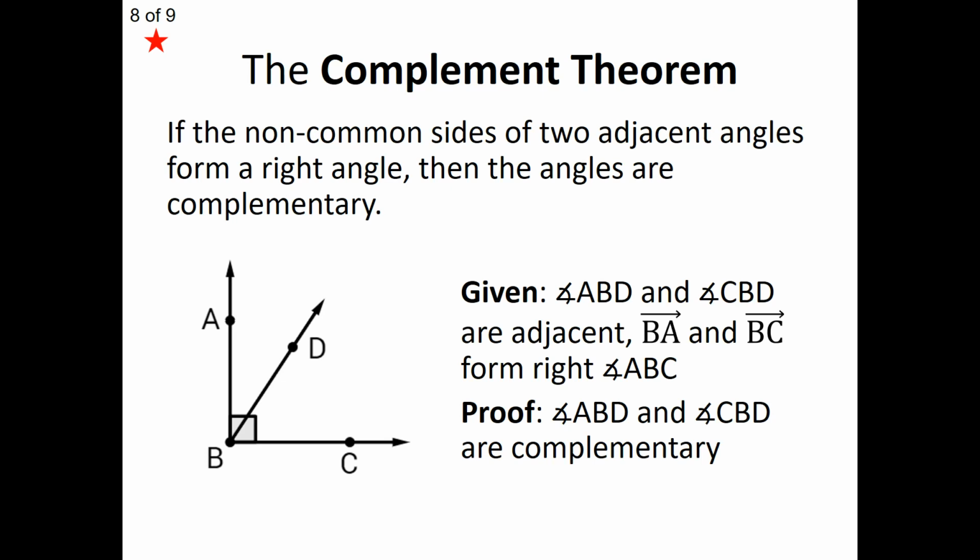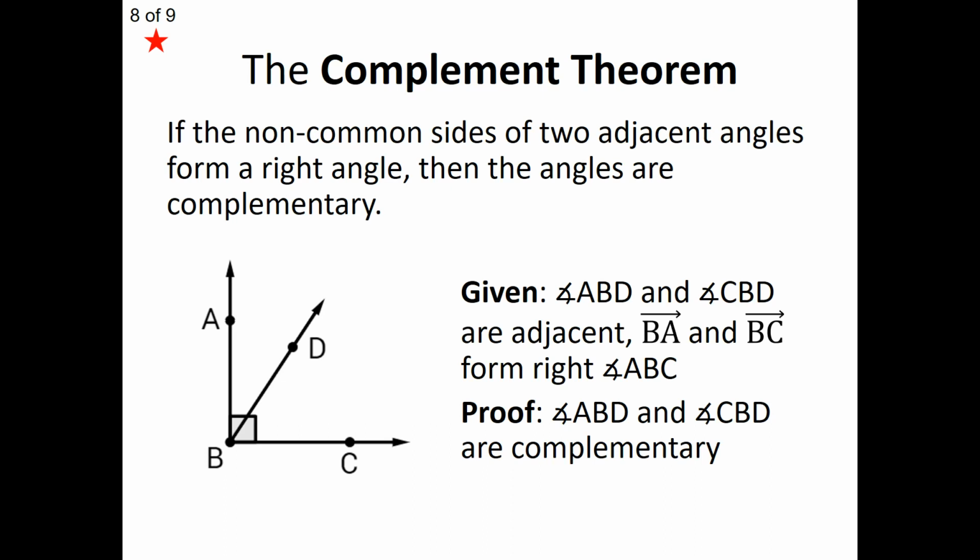Let's take a look at the diagram. In the diagram, I have a pair of adjacent angles in which their non-common sides form a right angle. And I've labeled each of my rays so that I can actually name the angles. So take a look at the given. Angle ABD and CBD are adjacent, right? And that's what our conditional states in the given.